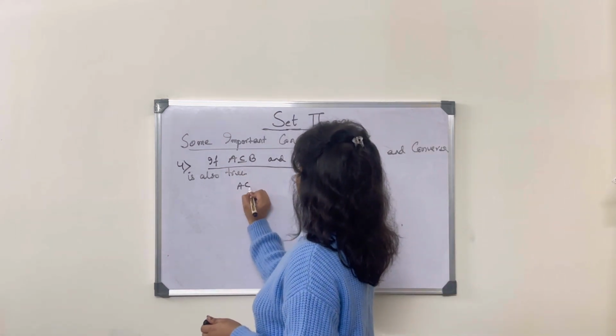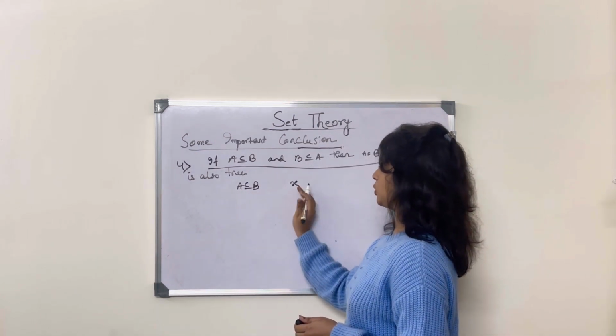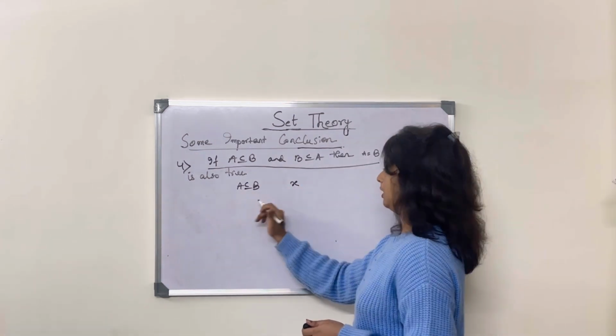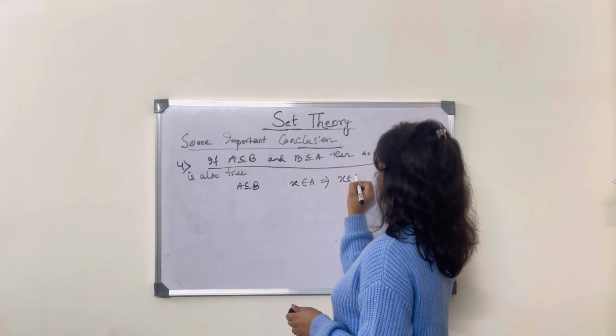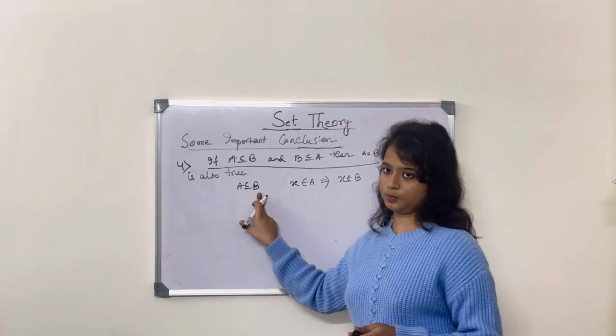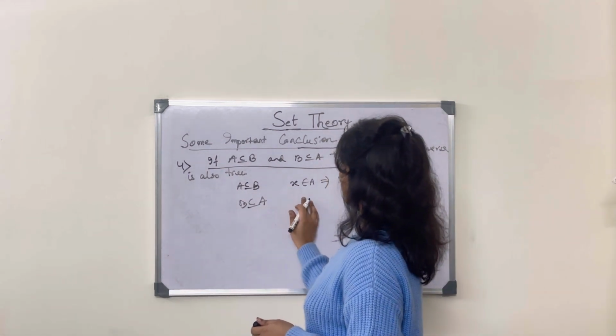A subset of B means that if x is an arbitrarily chosen element from the set A, then x belongs to A implies x belongs to B, because A is a subset of B. B subset of A, what does it mean?